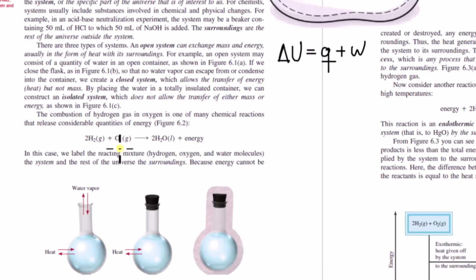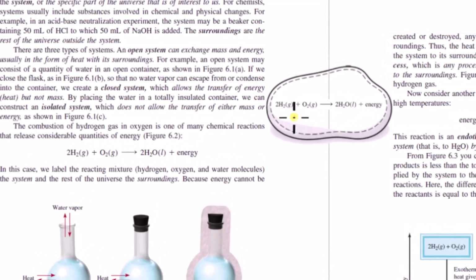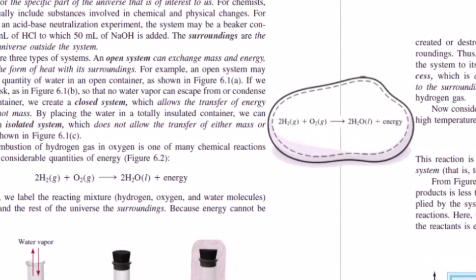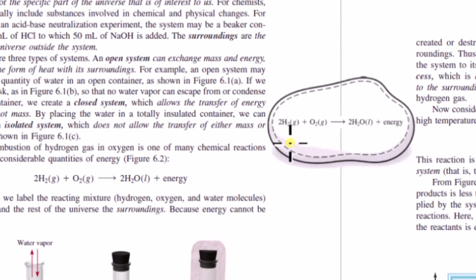Here's what they're saying. So let's bring up this system again here and add this reaction to the system. Before the reaction begins, you can think of the system as enclosing a gas mixture of H2 and O2 gas.